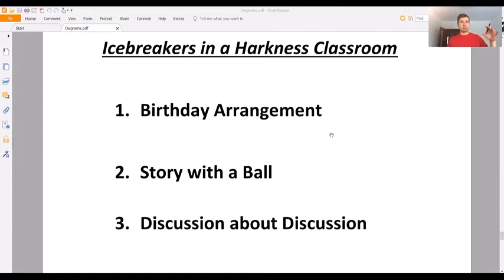So for example, if you're born on January 1st, you should be at the beginning of the line. And if you're born on December 31st, you need to be at the end of the line. But the tricky part about it is that no talking is allowed. So they need to somehow communicate with each other without saying words.